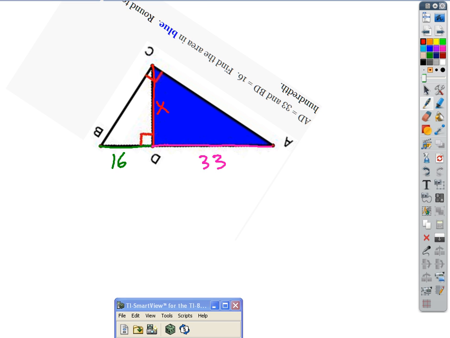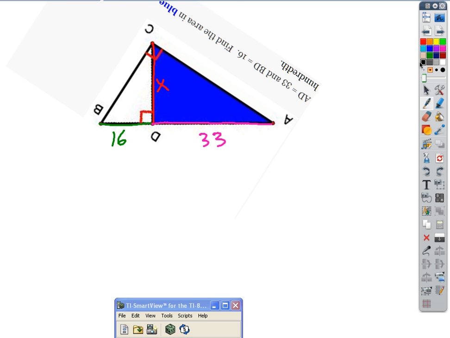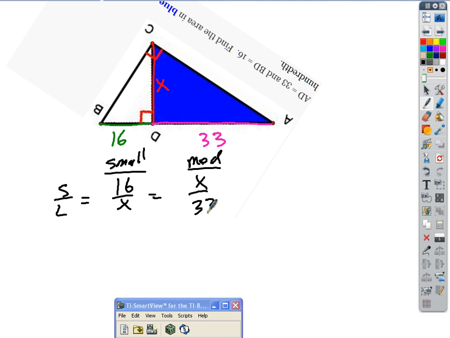So we know that the ratio of short over long equals, for the small triangle, 16 over x. For the medium triangle, it's x over 33. So cross multiply, right? x squared equals 16 times 33.